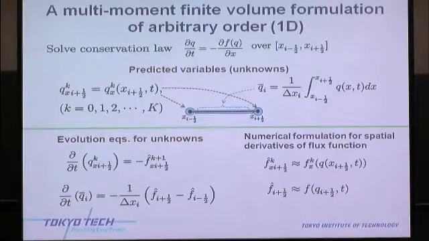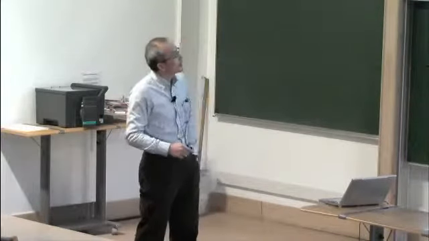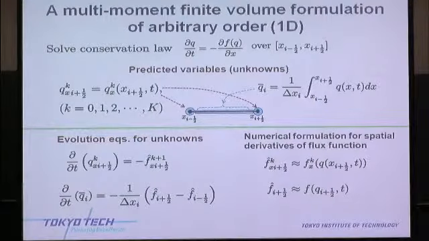We now define the moments to be the point value and also the derivative of a physical variable at these two ends. And also, because we need to guarantee the numerical conservation, we need another one. This is a cell integrated average, which is defined over this cell.